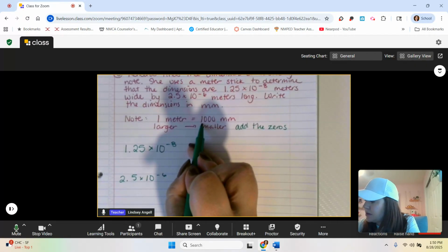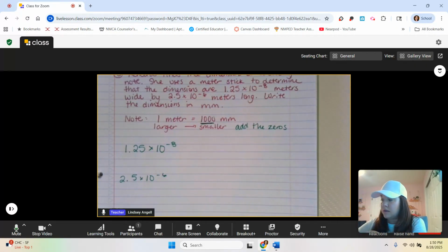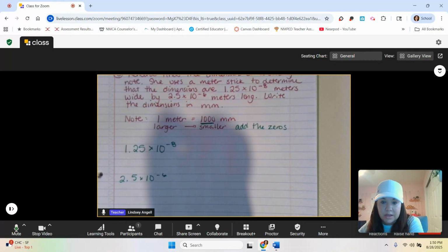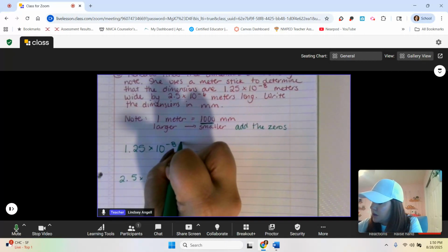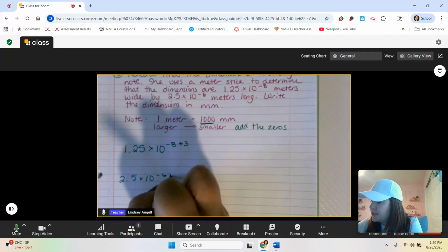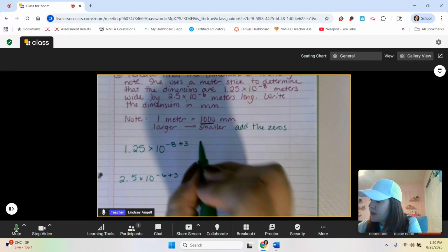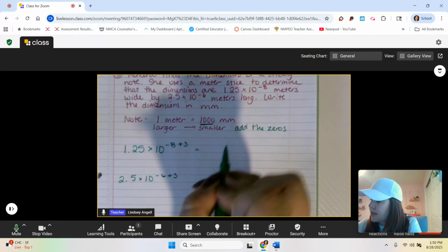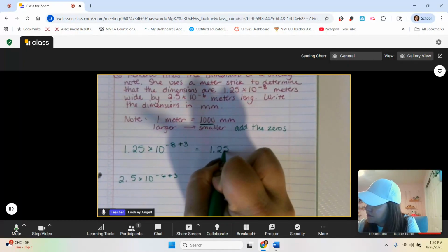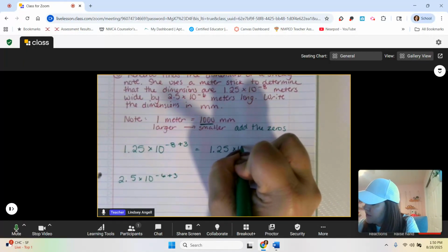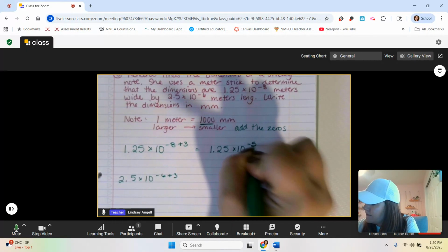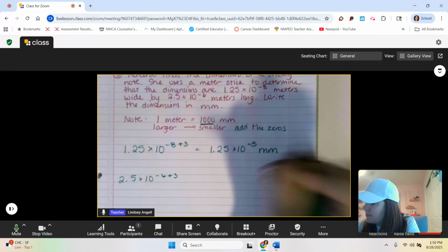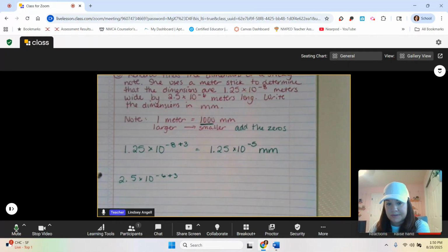We're going to add the 3 zeros to each of those exponents. Well, 1.25 times 10, and then negative 8 plus 3 gives me 1.25 times 10 to the negative 5, and those are millimeters.